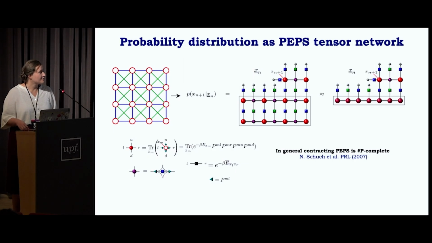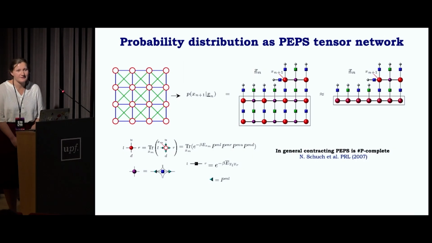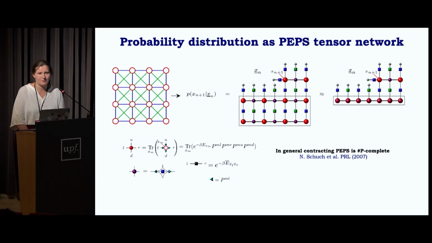After performing such a tensor network representation, we obtain a two-dimensional structure called a PEPS tensor network, and this is a structure that is amenable to standard tensor network contraction methods. And we can approximately contract it to calculate those probabilities. Why approximately contract? Because finding the ground state of a general Ising spin glass problem is NP hard.